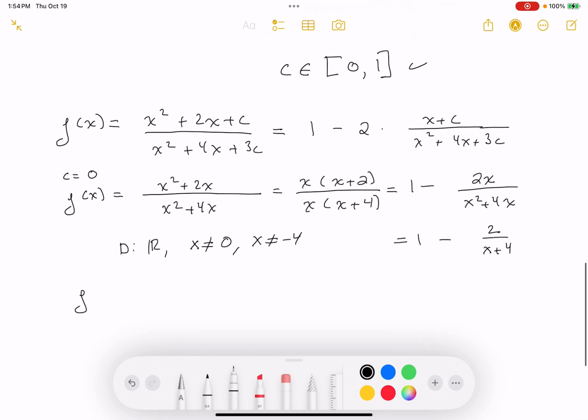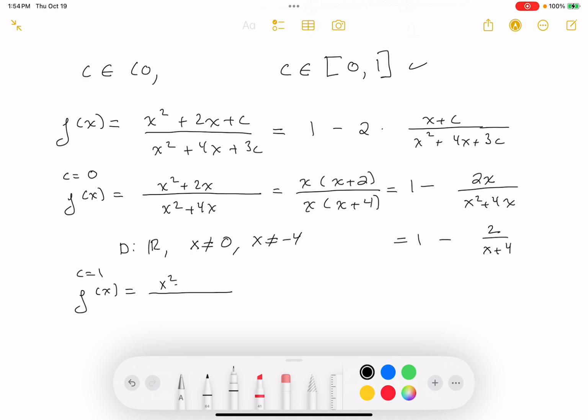Let's put the next one down, f of x. And by the way, I have to exclude the 0 now, but let's look at the 1 now. So right now, c is from 0 forward. I don't know if 1 is going to be included. So let's put down c equals 1. This is a tough question, by the way.